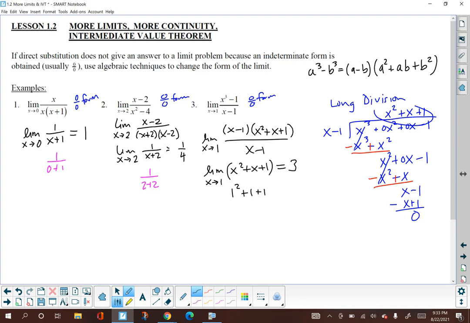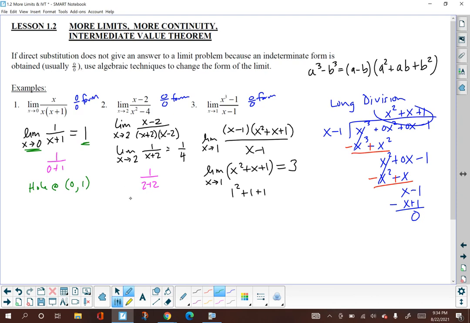Okay, so we found all of these limits. Last time we looked at graphs a little bit, so I just wanted to talk for a second about what this means. We took the limit as x approaches 0, and we got 1. That means if we looked at a graph of this function, it would have a hole at (0, 1). So the x value we're approaching is 0, and the y value that the limit approaches is 1.